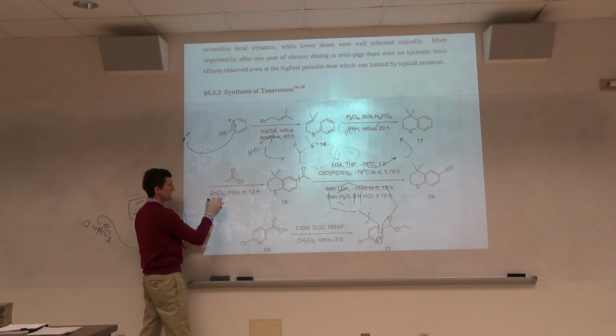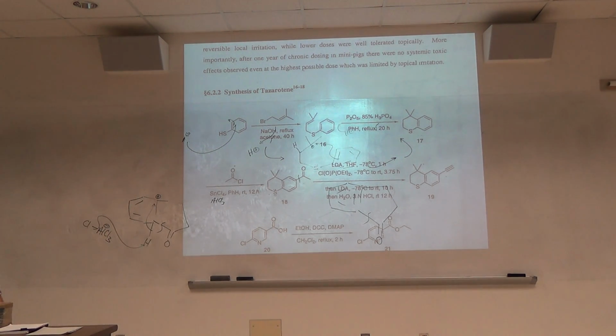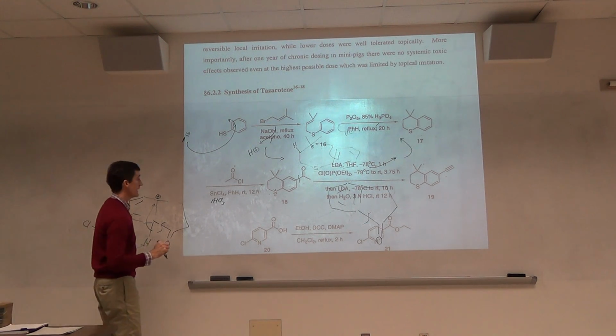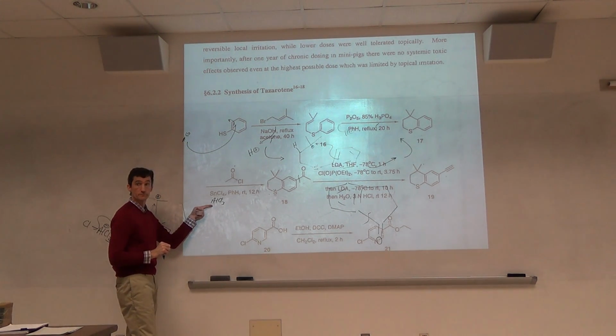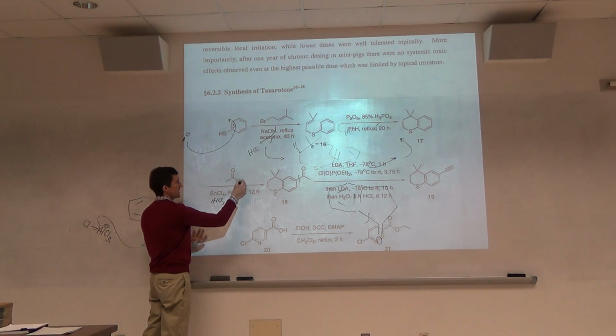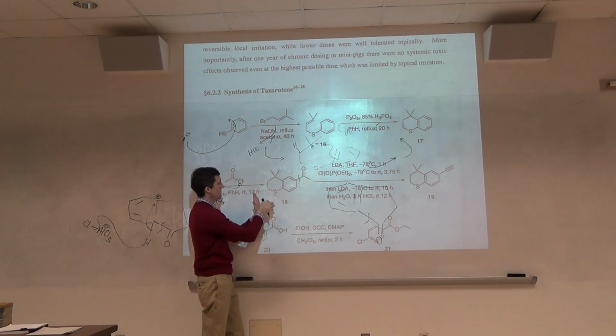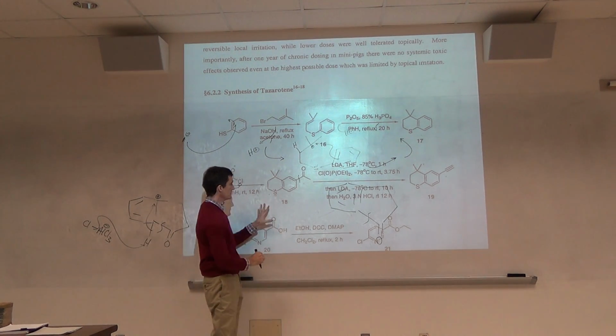Instead, they're using tin 4-chloride. Tin 4-chloride is another Lewis acid. It's not as strong as aluminum. First step here is this complexes with the tin, then it ionizes, and then the ring attacks the acylium.